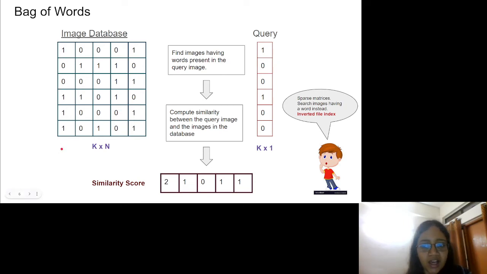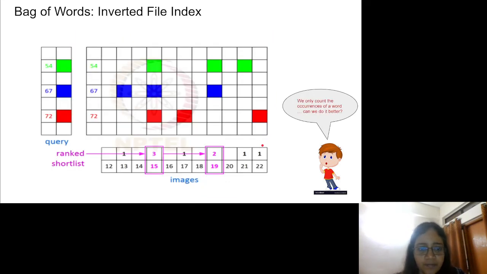So why are we putting so much effort into this? That's what it says here: these are very sparse matrices and vectors, and that is why we'll do something in an inverted sense.